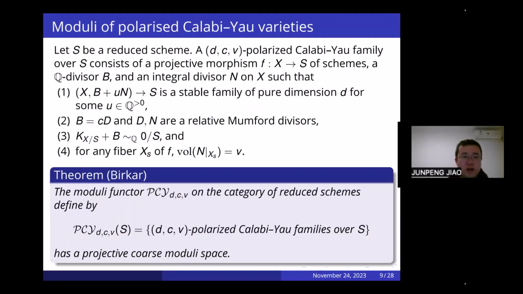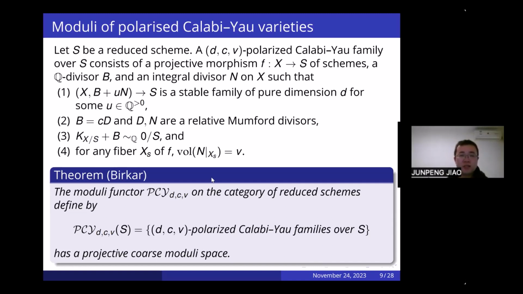Now let's define what is a moduli of polarized log Calabi pairs. So now we know the elements in this moduli should be DCV polarized Calabi pairs. But to define it, we also need to define the functor precisely. So let S be a reduced scheme.